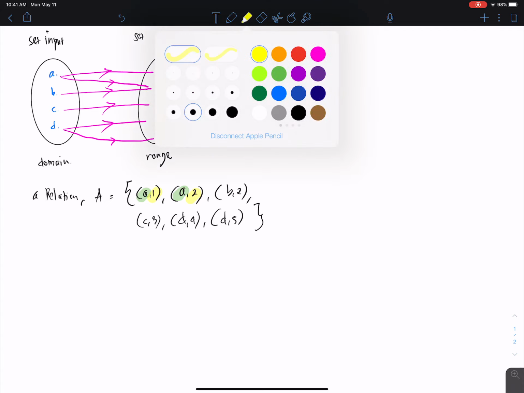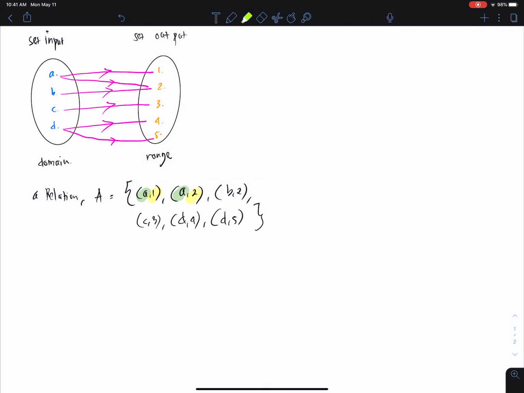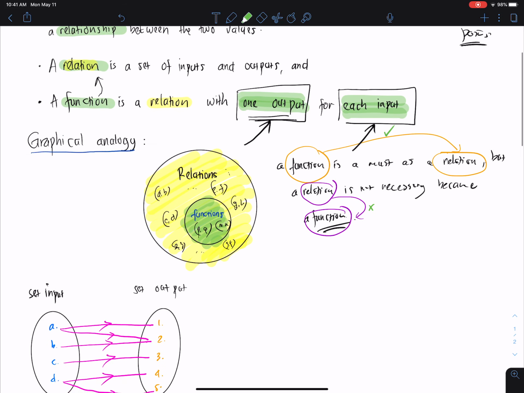Also for D, there are two outputs, the first one is 4 and the other one is 5. So it's already against the definition of a function. Remember, for a function, only one output for each input.